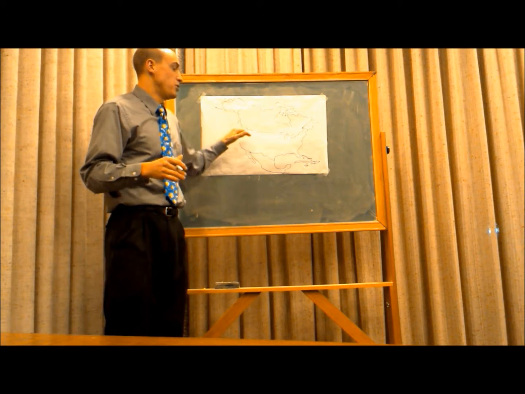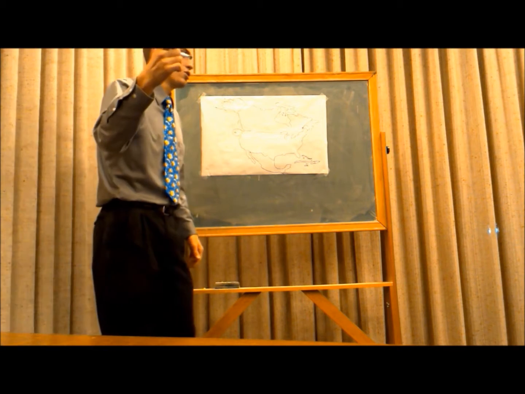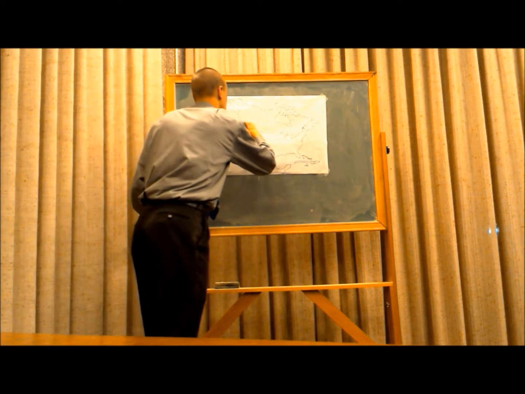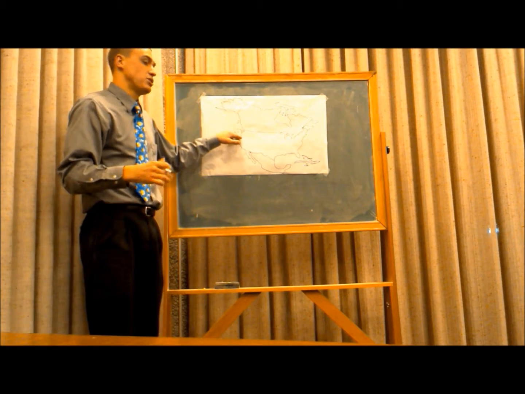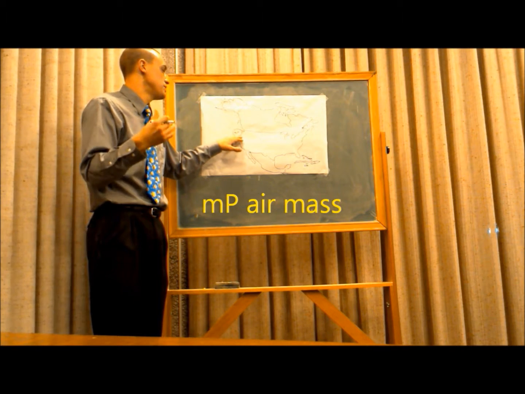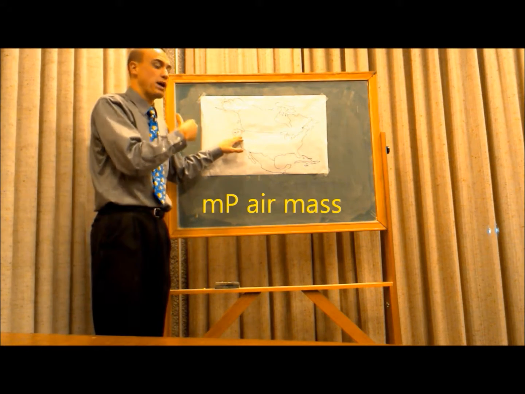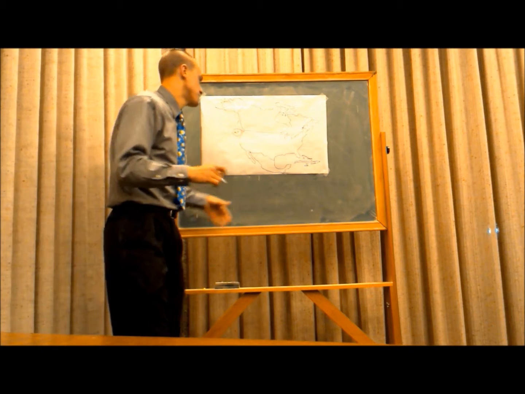And remember, the northern part of the United States is a polar region. So we give a capital P for the next letter of this air mass. So this air mass located in the northwestern part of the United States is a marine polar air mass, or MP for short. Now let's look at another air mass.